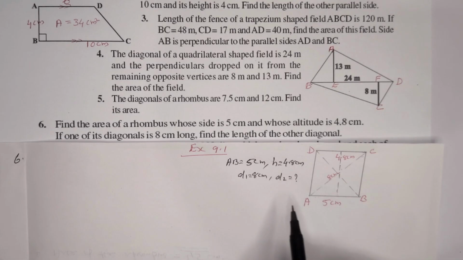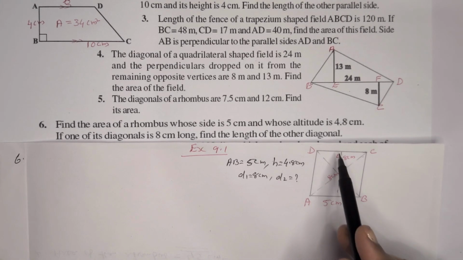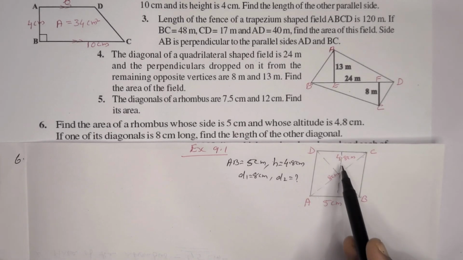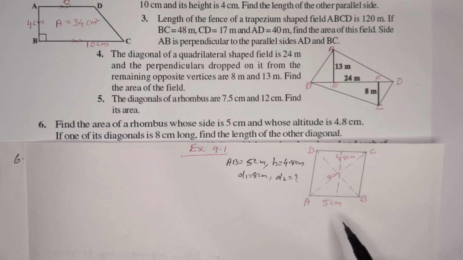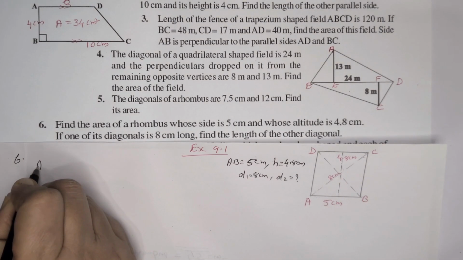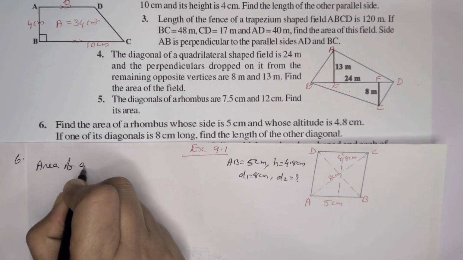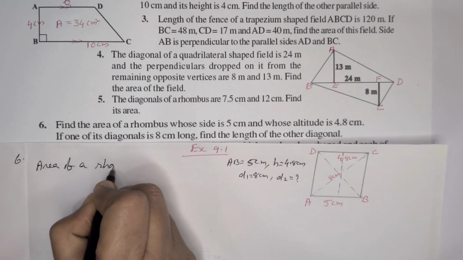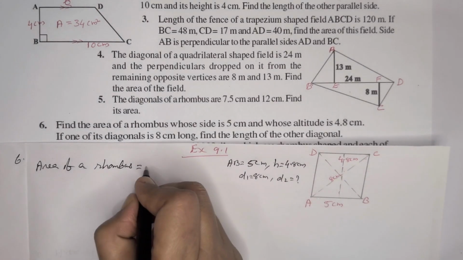So using the first formula here, one side and its perpendicular distance from the opposite side, that is given as 4.8 centimeter. Rhombus is a kind of parallelogram. So we can take that as the same formula. Area of a rhombus is equal to base into altitude.